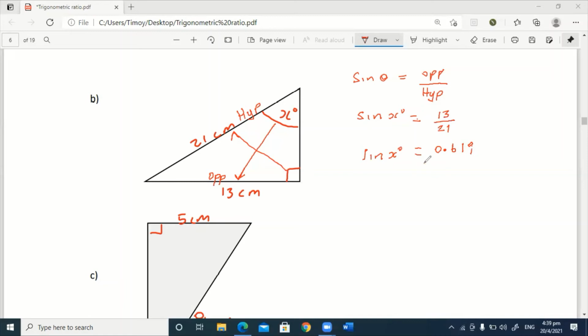To determine the angle, again, you're going to take the inverse function. So x degrees is going to equal sine inverse of 0.619. All you need to do is to type this on your calculator, and your expected answer is going to be 38.2 degrees.